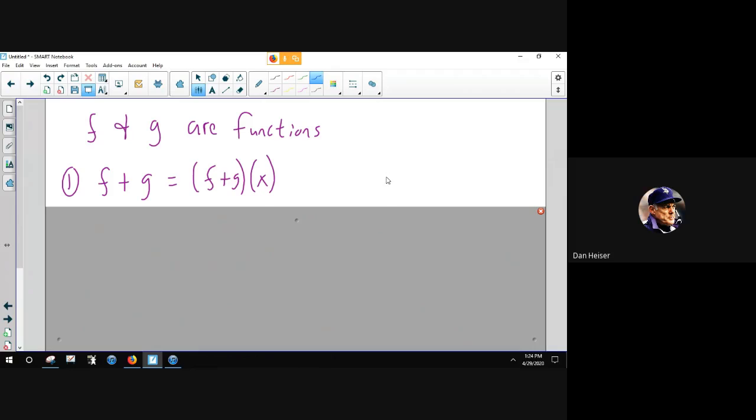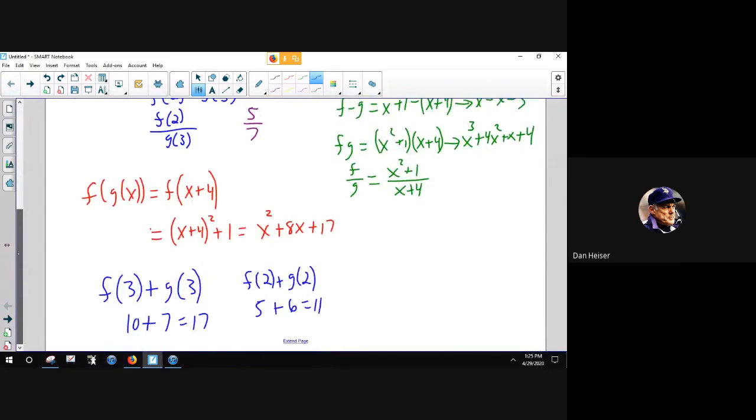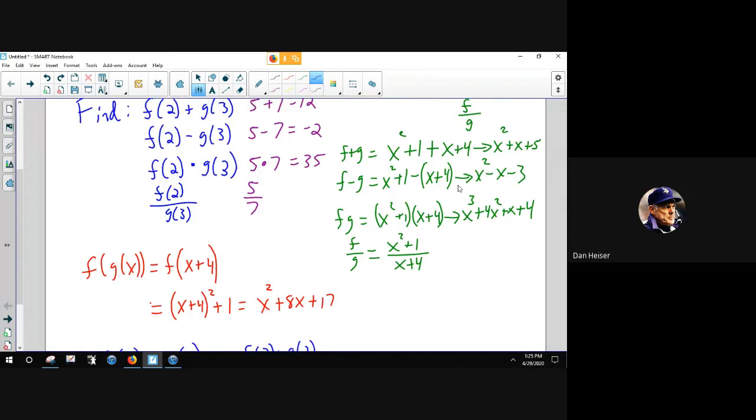In general, if f and g are functions, the sum of two functions is the same as putting one input into their combined sum, just like we did back here. What we did down here at the bottom in blue and what we did up here in green is that first property.